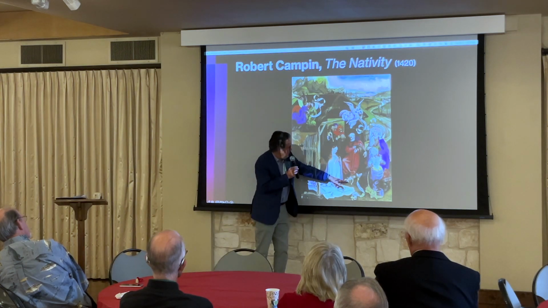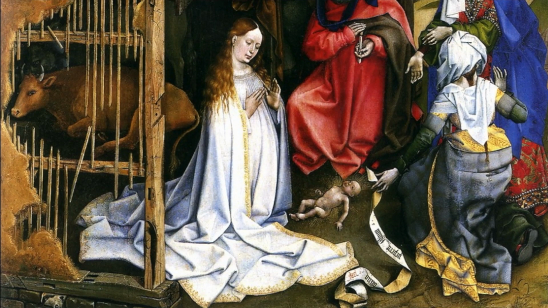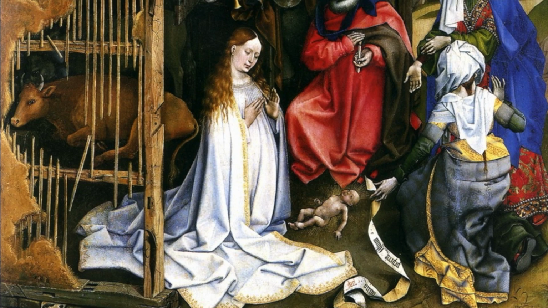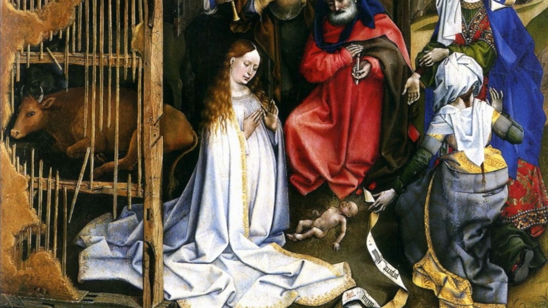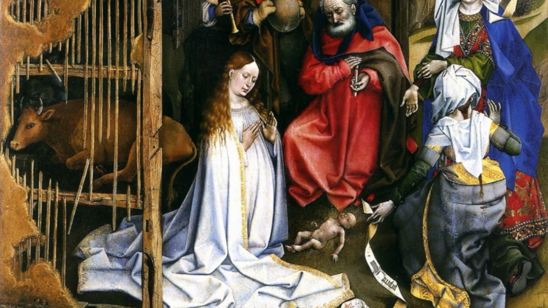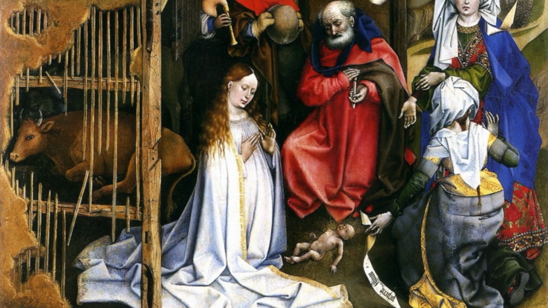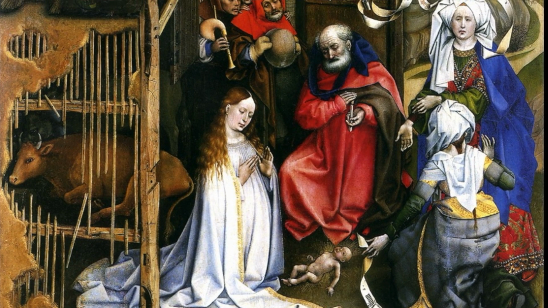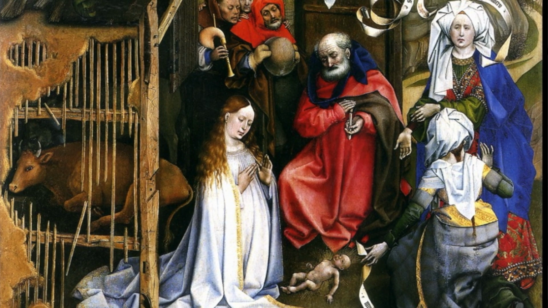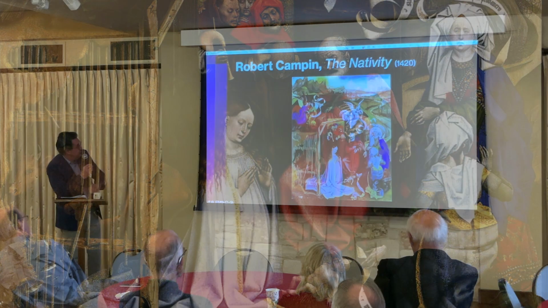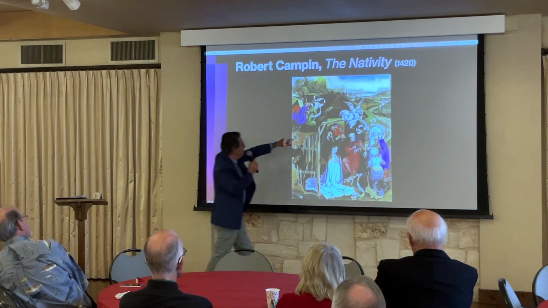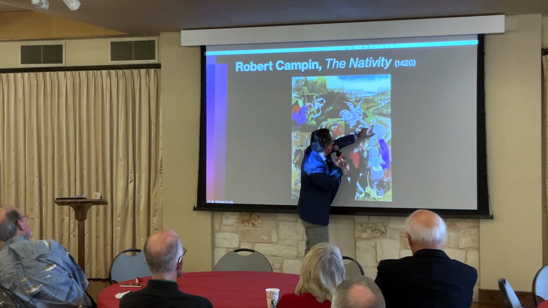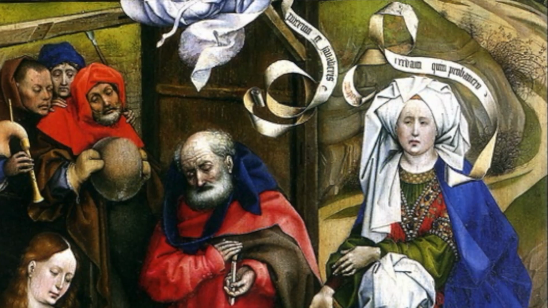We'll come back to this next week, but notice that there's not a manger in this scene, that the Christ child is just on the ground, which, if you come back next week, I'll tell you why. You still have, though, Salome extending her arm down there, and there's a banner right here with words.